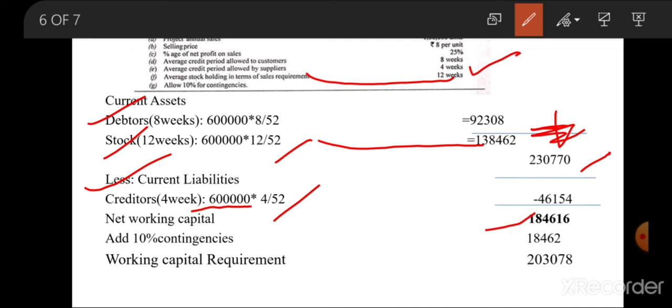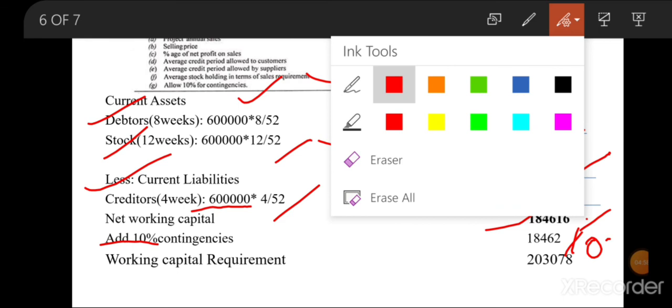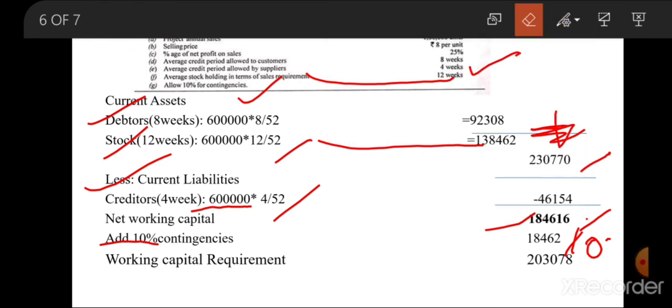Now after that you add the 10% contingencies, which is given. 10% of what? Just wait. This is 10% of net working capital.